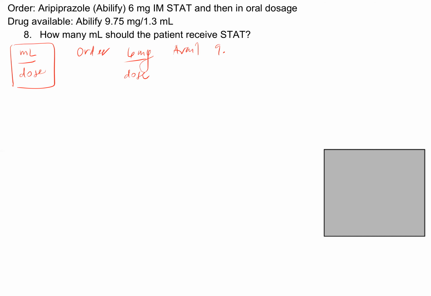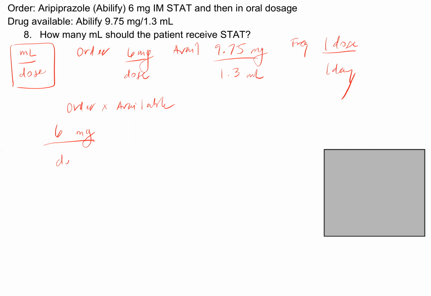Availability is 9.75 milligrams per 1.3 mLs. Frequency is just one dose. Stat. So following our equation, you're going to have 6 milligrams per dose.